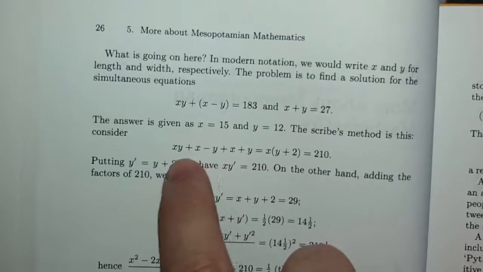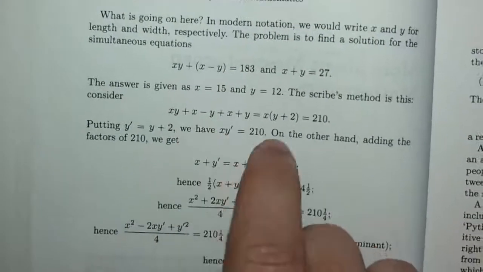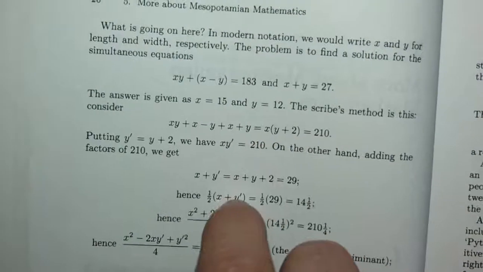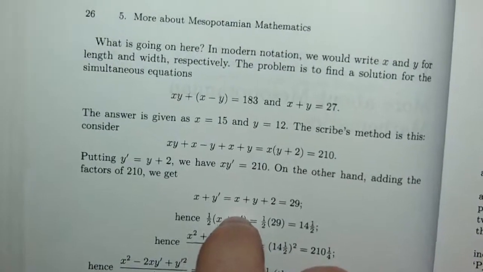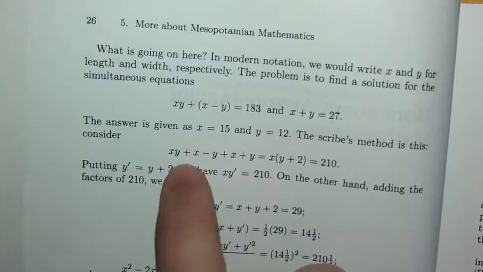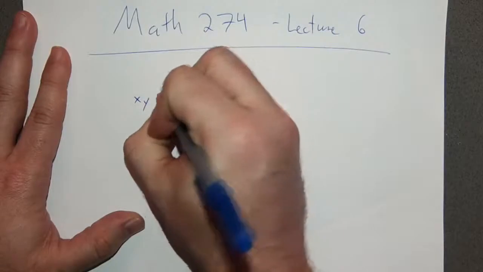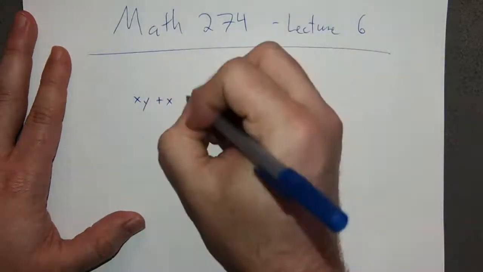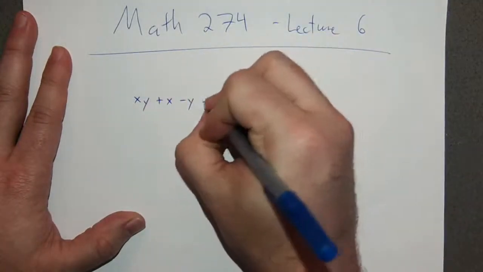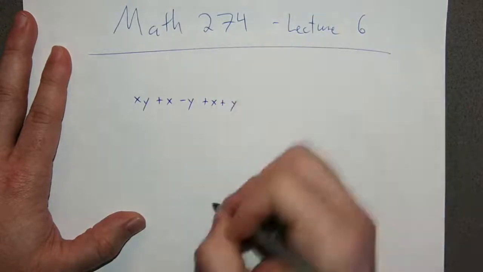Now, if I simplify this algebraically, this simplifies as x times y plus 2. So the y's cancel. This is x here. I can write this out real quick. All right, so this is x, y plus x minus y plus x plus y, right?